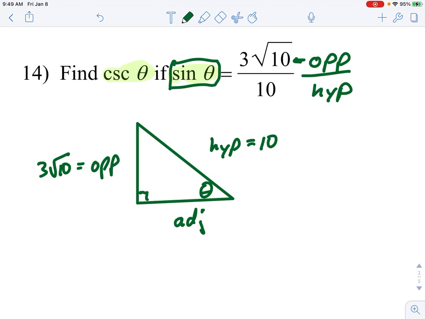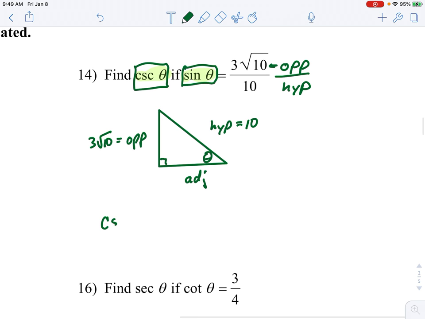Now, if we want to find cosecant, what is cosecant? Well, cosecant is defined as hypotenuse over opposite.